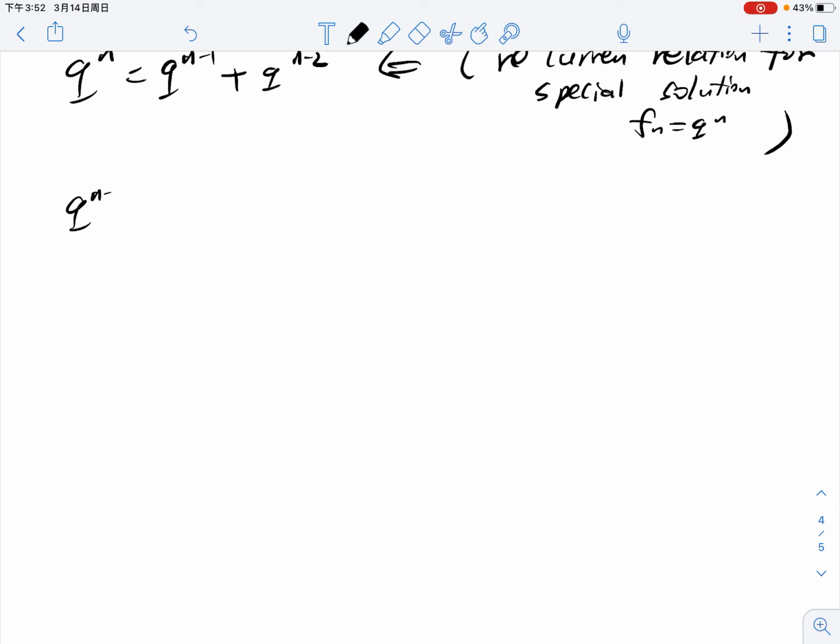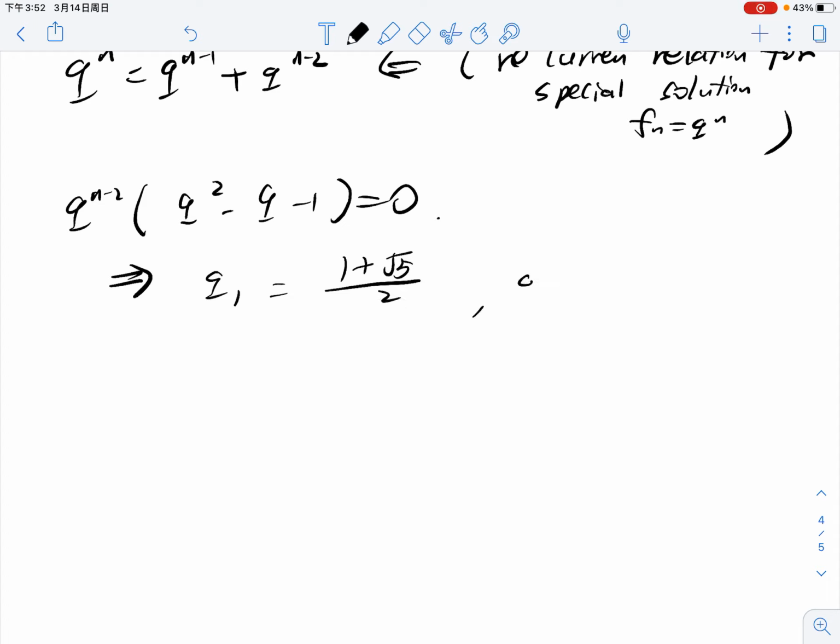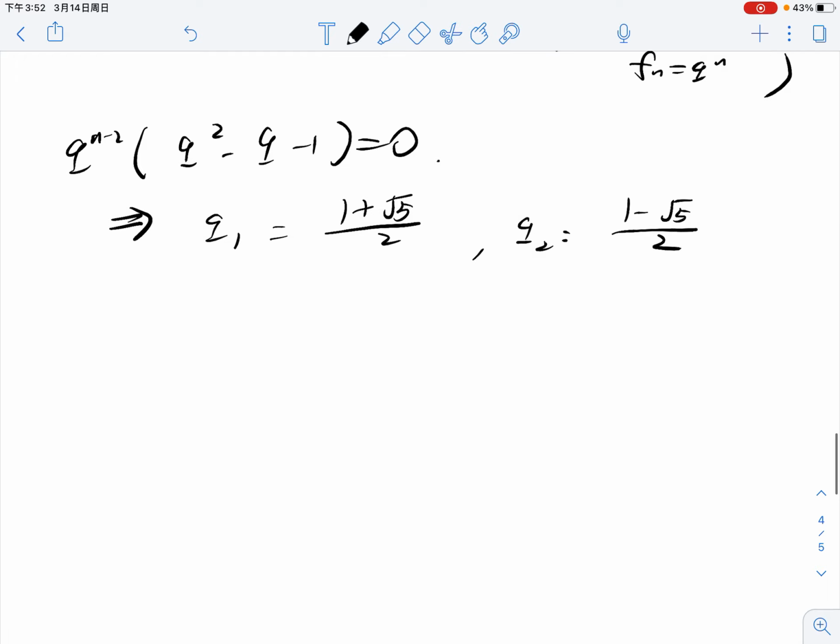Okay, then simplify it. You have this one, you factor out Qn minus 2, and then you find the solution. Q1 is 1 plus square root 5 over 2. Q2 is 1 minus square root 5 over 2.